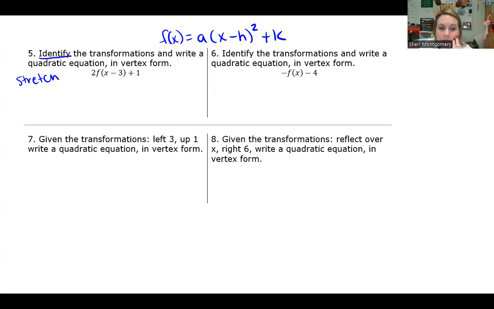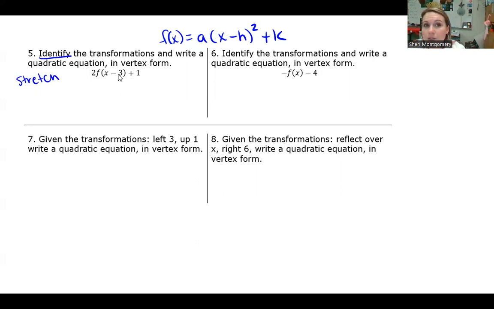What's the -3 going to do? So remember, one way that you can remember is that whatever is in the X grouping moves in an X direction. X is left and right. So it's also opposite.